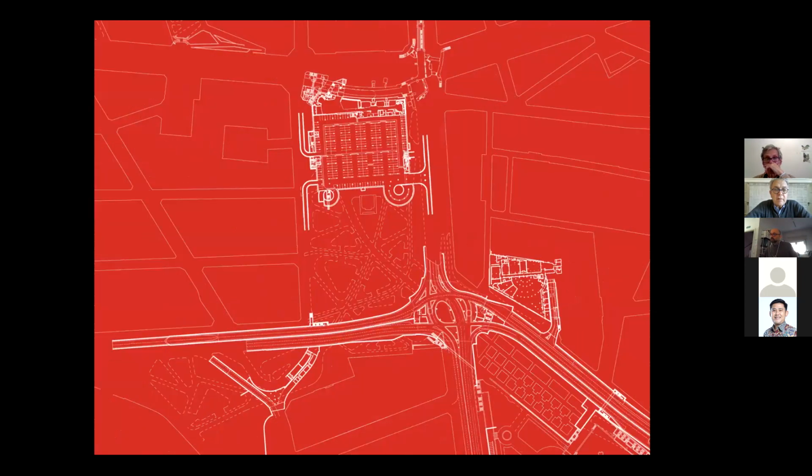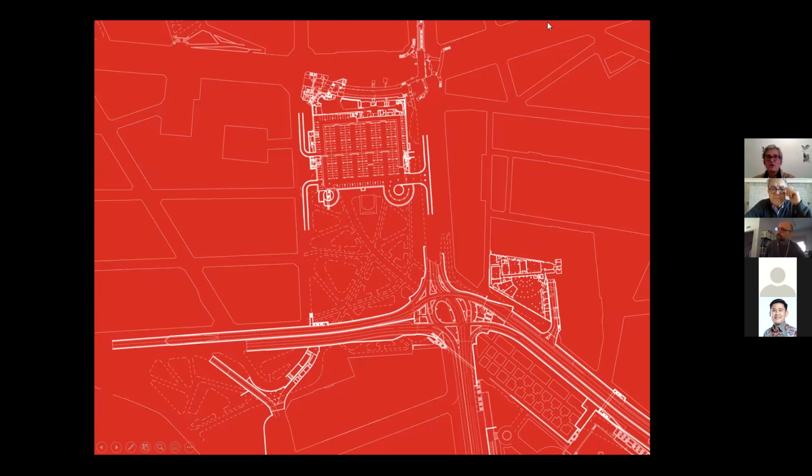Next. Okay, I think it's difficult to understand, but this street here. Here's the Royal Palace. This is the space of the square, and we have here the two main green areas. This is the Gran Via, which is the main street.